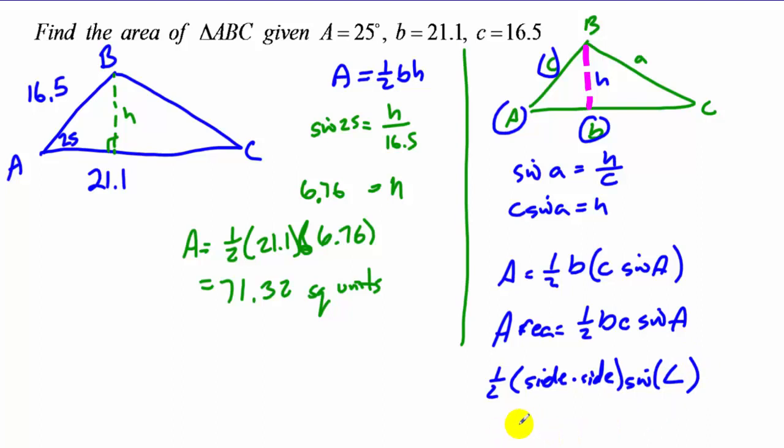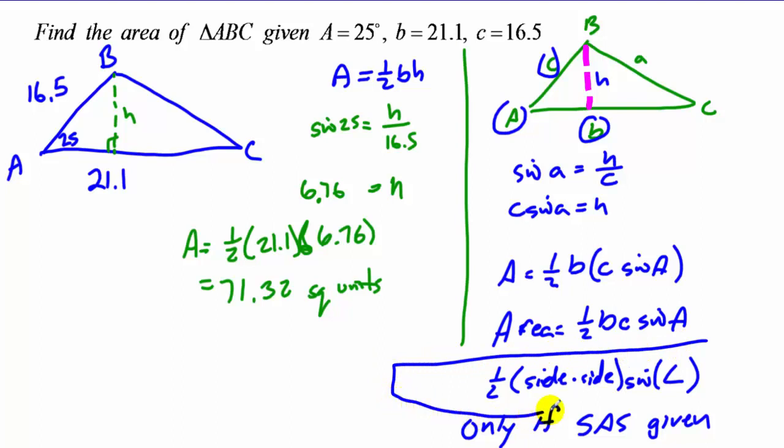And this is only if side angle side is given. So we can use this formula if we want, but again, I think it's just as easy to go 1/2 base times height.